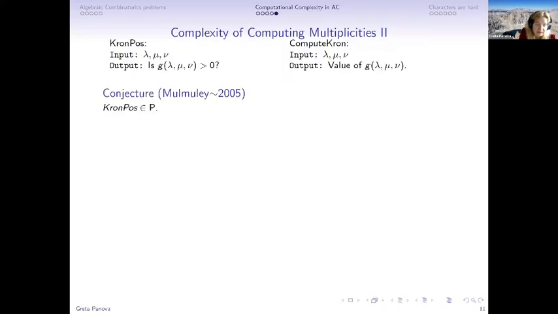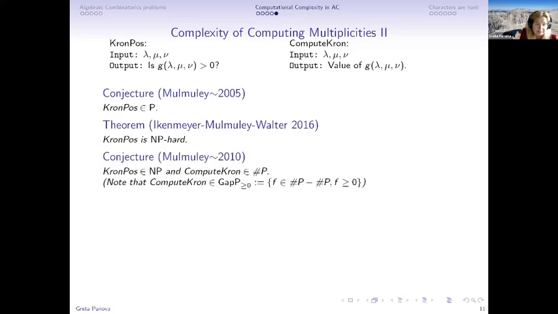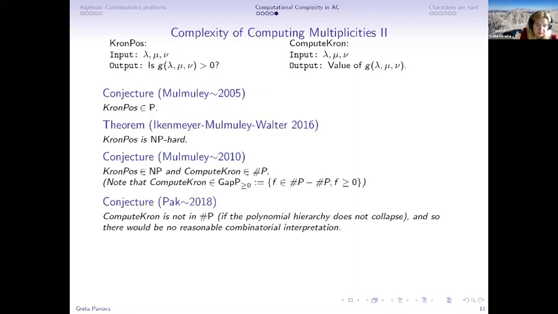On the other side, we have Kronecker coefficients. First, Mulmuley, who was doing geometric complexity theory, conjectured that they are in P. It turned out they are NP-hard, but we don't even know whether they are in NP. Then he conjectured that they are in Sharp P, which means that if they had a combinatorial interpretation, that would be the case.